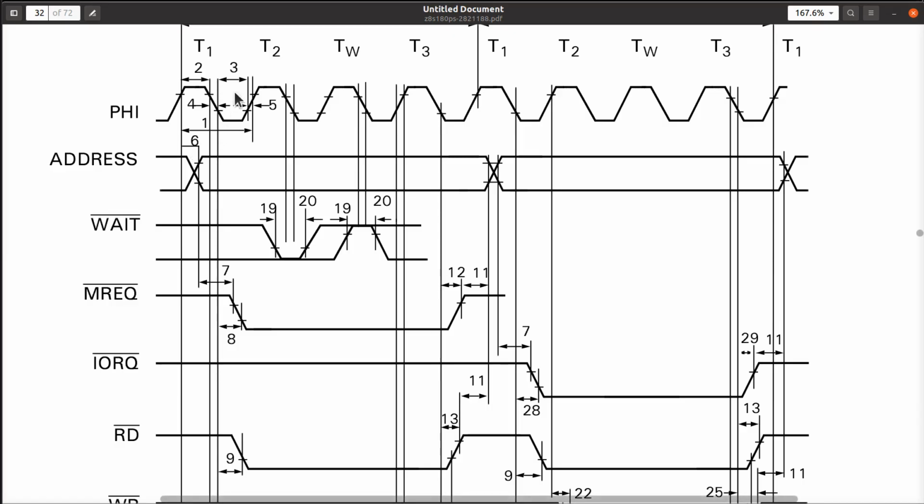So this could actually change all the way over here after T1 has fallen if you're running at 20 megahertz. So I suspect it could be way over here, but they do guarantee a minimum of 5 nano before I/O rec goes low, and I/O rec goes low at a maximum of 25 nano after here, which is actually here.